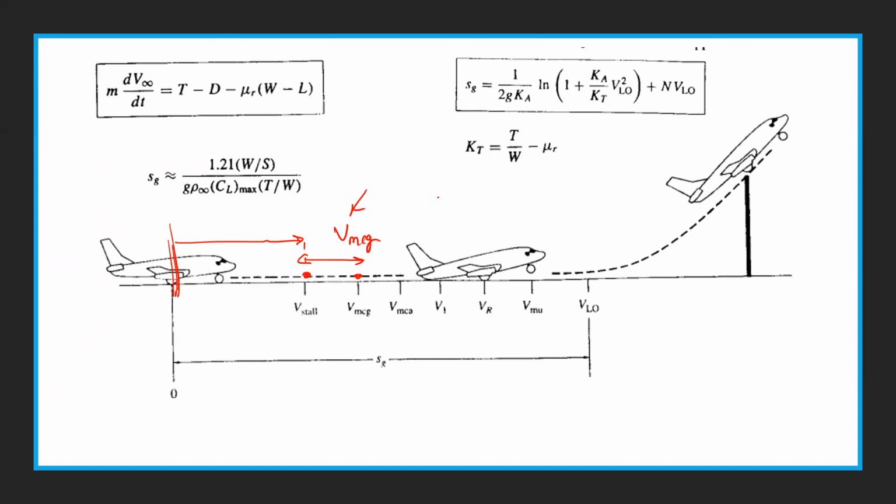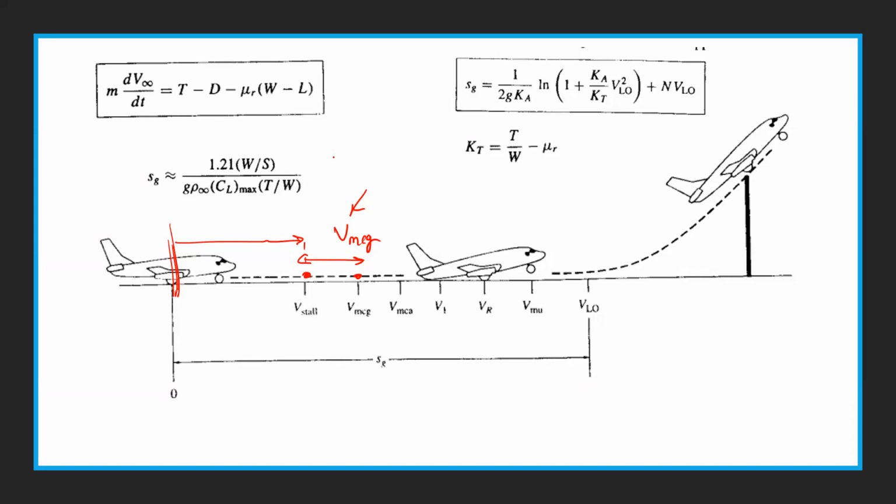What does ground control speed mean? Sir, it is the speed at which we have the nose wheel to maintain the center line of the runway, the minimum speed. After that, it will be difficult.